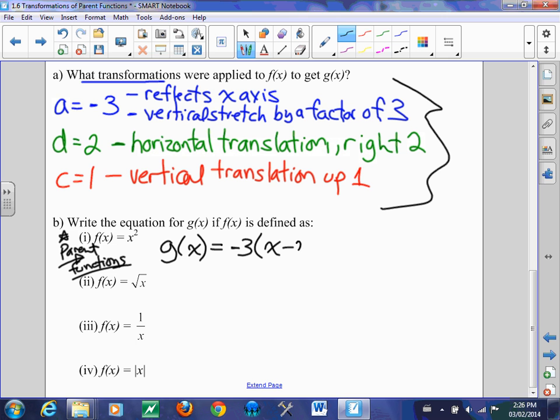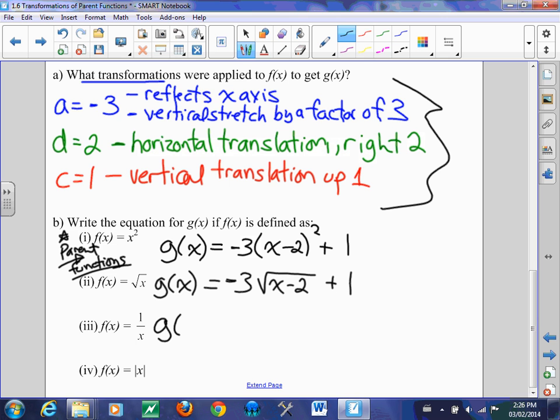X minus d squared plus c, which is 1. Okay, with the square root function, if we were using square root as our parent function, g of x is going to equal -3. And basically what changes is the x portion. So it's going to be x minus 2 plus 1.